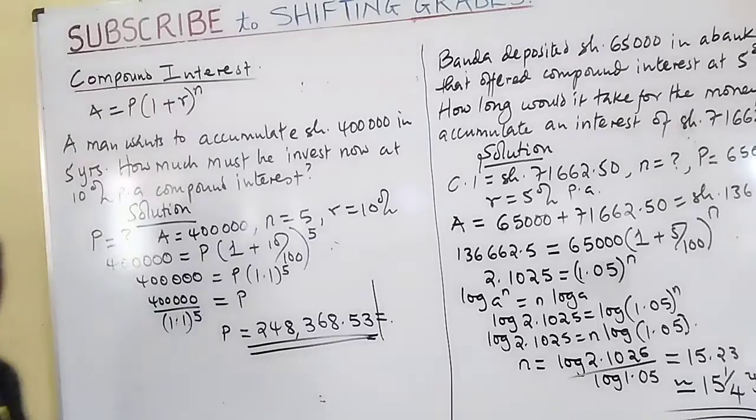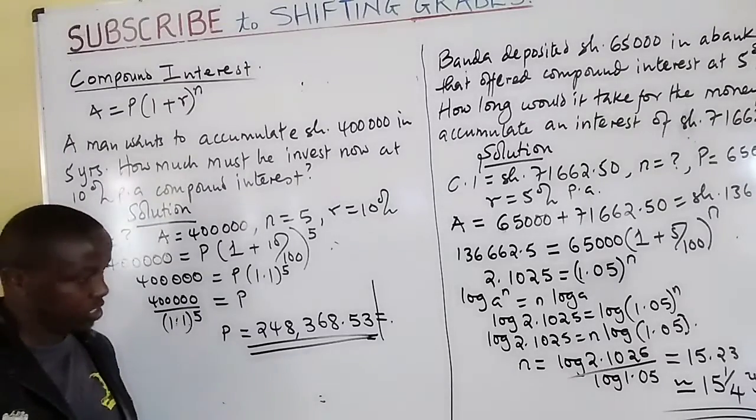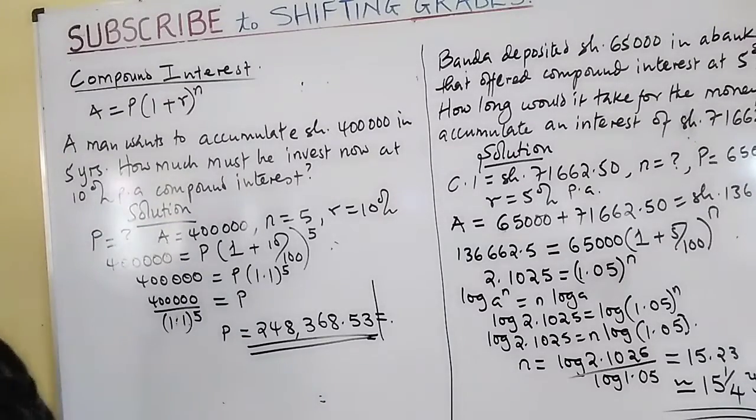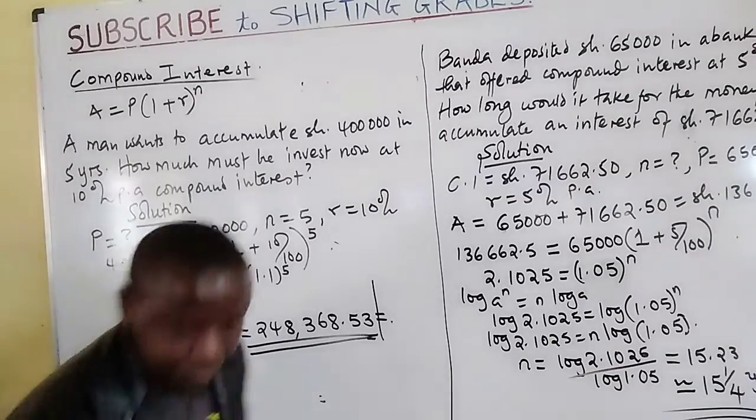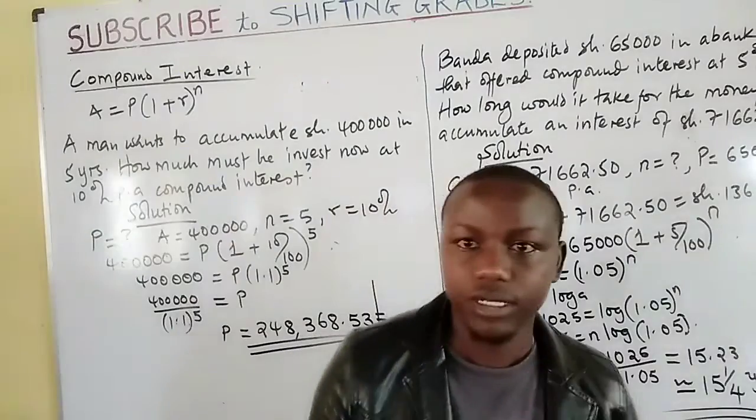That's the money he is supposed to deposit at the moment, so that after 5 years he'll have that amount. So far so good.